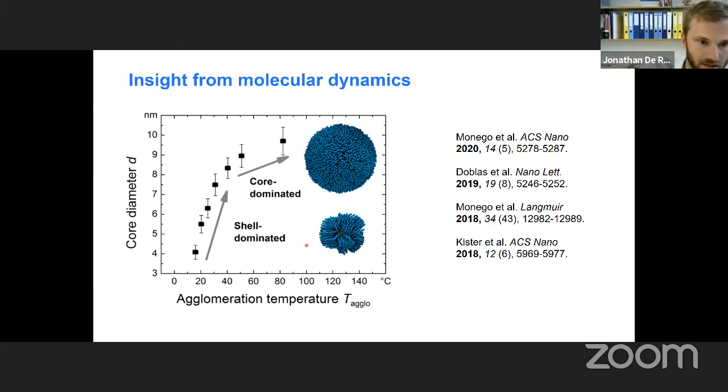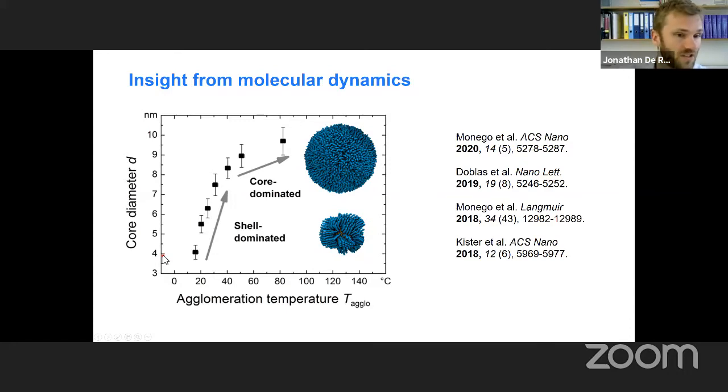And so that's the point from where they behave like molecules to the point where they behave like colloids. And that's what this figure is showing here. These are all gold nanocrystals. And here it's shell dominated. This comes from the simulations where they see that the nanocrystals start to precipitate because of the ligands that are crystallizing. So this is what they call shell dominated.